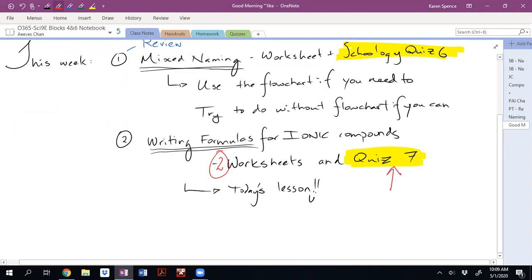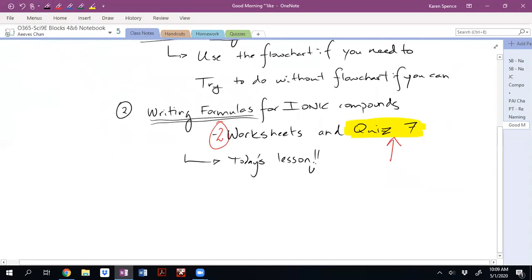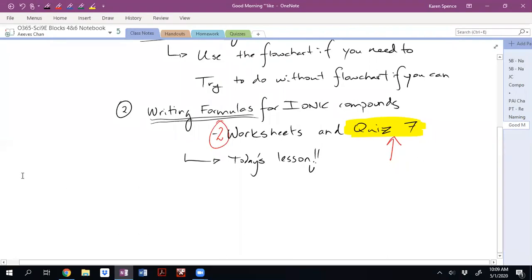Okay, so we are going to get going on how to write formulas. So let's give that a go. I just need to pull up my examples here. Okay, so for example, we are going to start with Na, whoops.